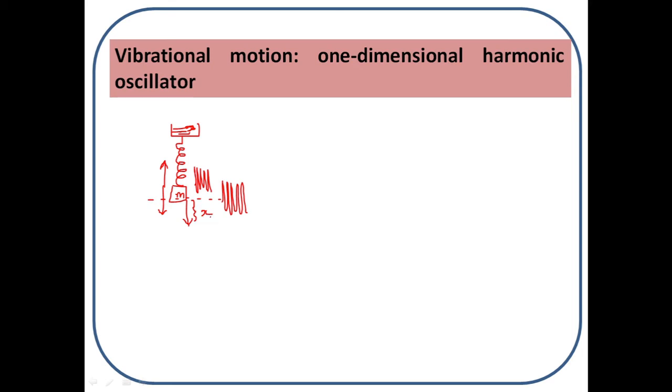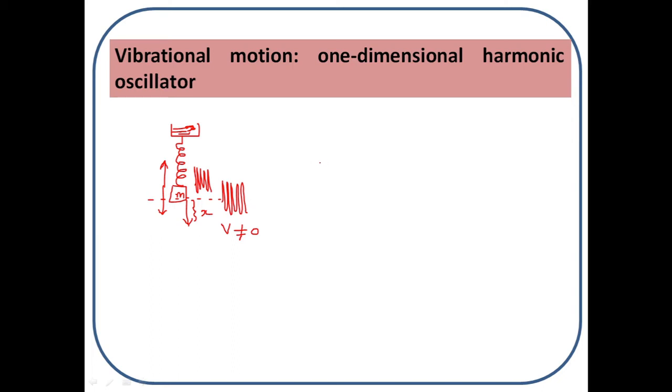there will be associated with the system some amount of potential energy. That is, here potential energy V is never equal to 0, unlike our particle in a one-dimensional box or a particle in a three-dimensional box or a particle on a ring. In all those cases, we have assumed that the potential energy was equal to 0. But in the case of simple harmonic oscillator, such an assumption is not possible because the system is always associated with some amount of potential energy.